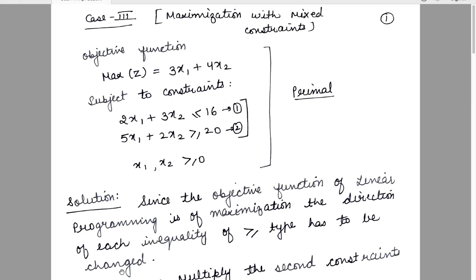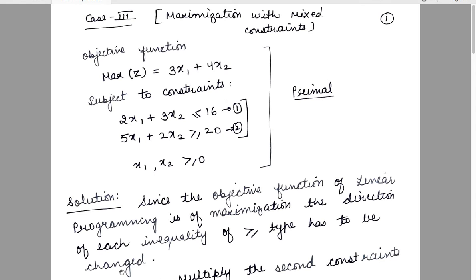How? You can see in this question, the objective function is maximization 3x1 plus 4x2 subject to constraints 2x1 plus 3x2 less than equals to 16, 5x1 plus 2x2 greater than equals to 20 and x1 x2 greater than equals to 0. This is our non-negativity condition.